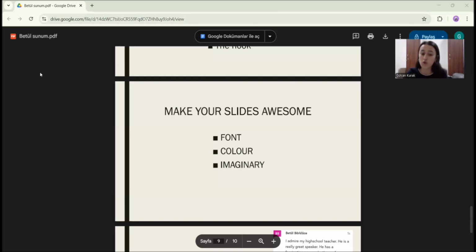If you choose a wrong color, it can cause some problems for your presentation. And imagery is also important because you need to be creative and selective in here. You cannot add every piece of information to your presentation. You need to be selective in here.